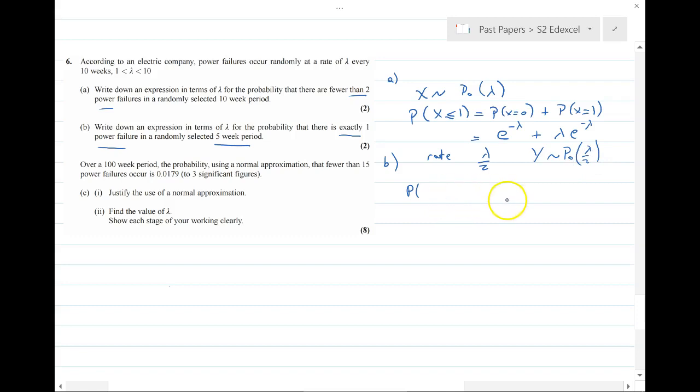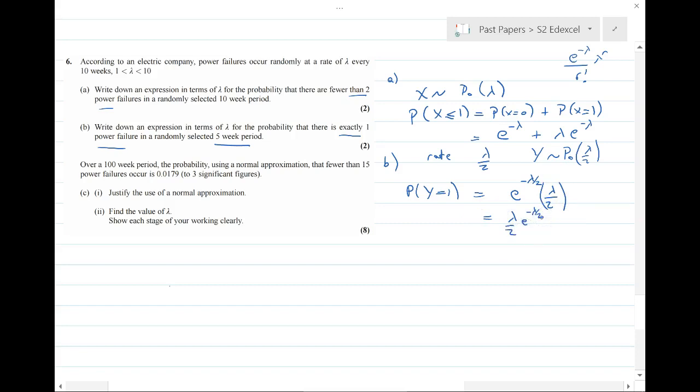So the probability that Y is equal to 1 will be, again, the formula goes like this. With r equal to 1, the rate is lambda over 2 rather than lambda, and then that will be lambda over 2 to the power of 1. So it's basically lambda over 2 e to the minus lambda over 2.